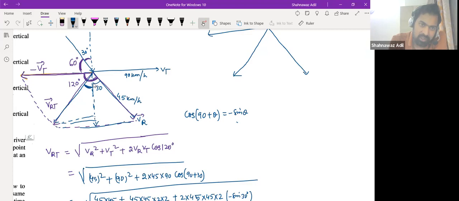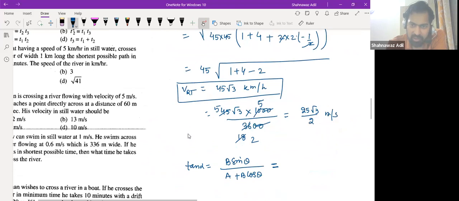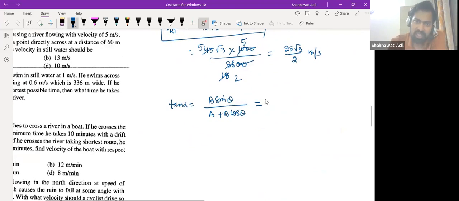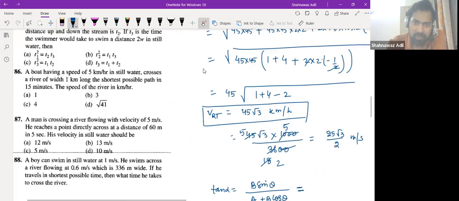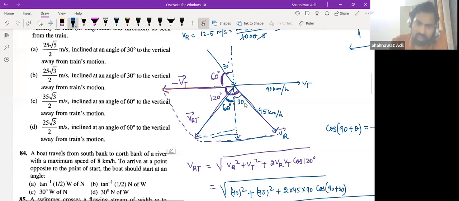This is 30, so this should be 60, right? But we have to calculate this one. This is a very long question, so let us find out. So B is, how do we do that?